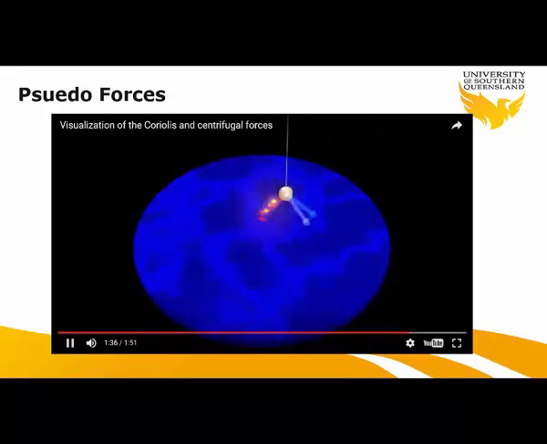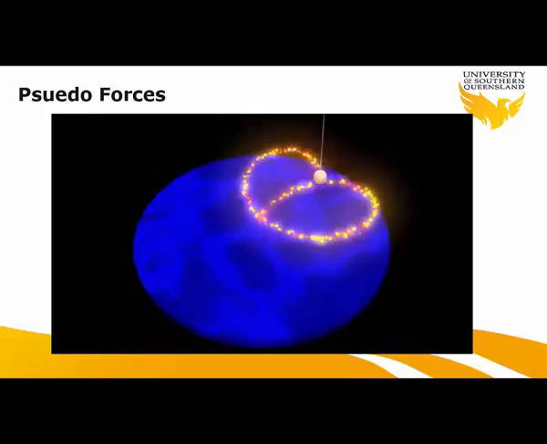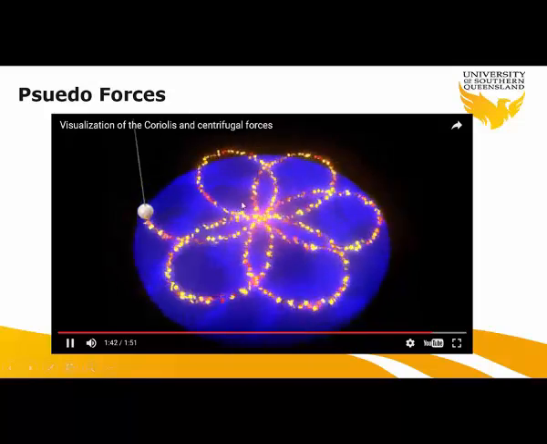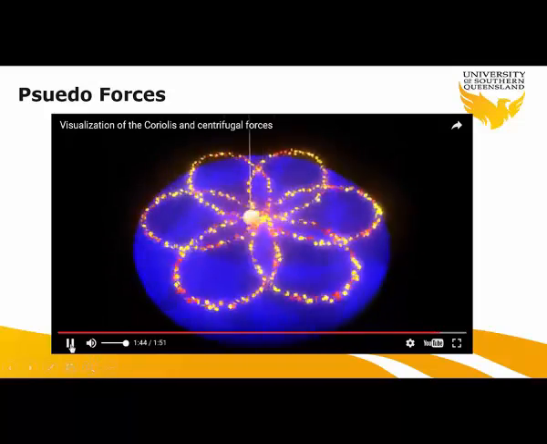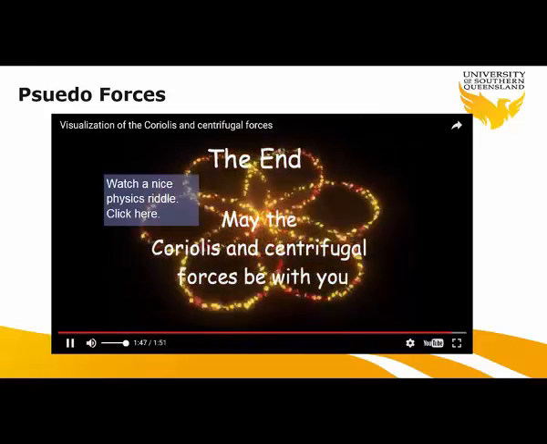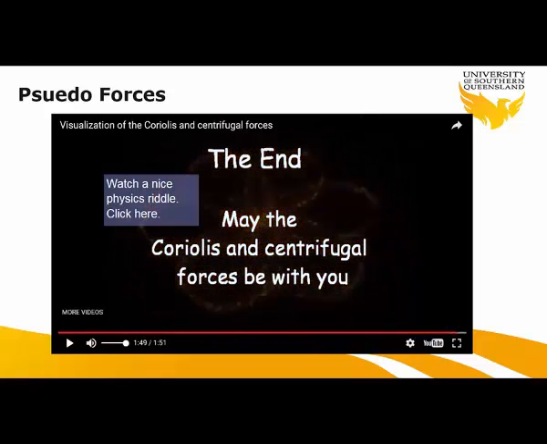This is the example, but if you map the footage this time, it's no longer a circle, it looks like this picture here, which looks like a flower to me. Hopefully that shows you what the centrifugal and Coriolis effects are, and how they look in the frame of the object as well as the frame of reference.